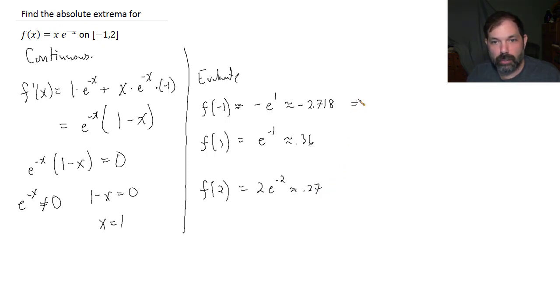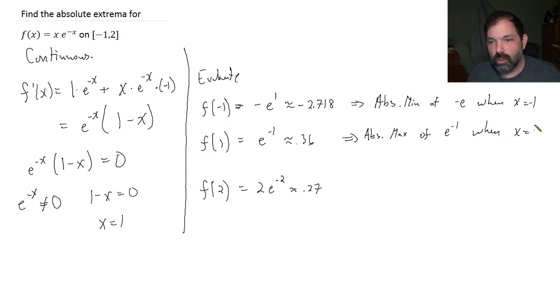So this is my absolute minimum. I have an absolute minimum of negative e when x is -1, and I have an absolute maximum of e to the negative first when x equals 1.